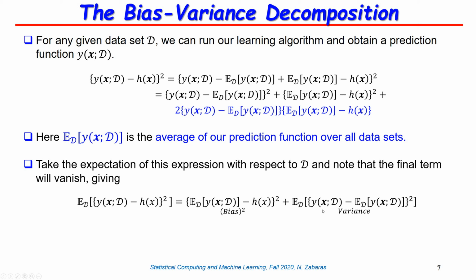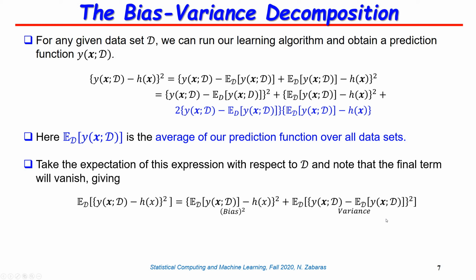And then I have a variance term, because it is an expectation with respect to the data sets D of y minus the expectation of y with respect to D, squared. So I do have a bias squared term and a term that is the variance.